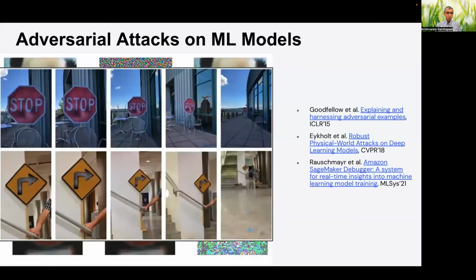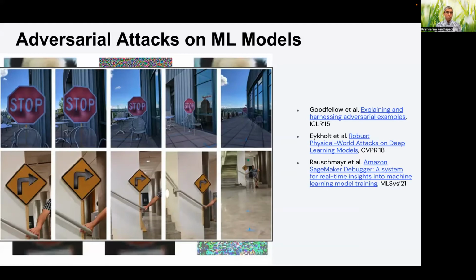It has also been shown that such attacks are applicable even on physical world stop signs or physical world objects. In this example, the one shown on the top is a stop sign with very slight changes, and it was predicted to be a different class. And similarly, the one at the bottom was predicted to be a stop sign with very small changes.